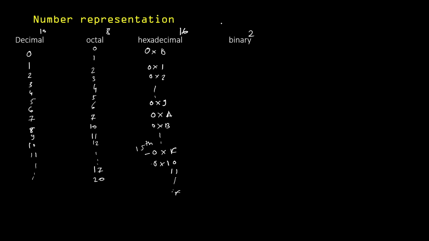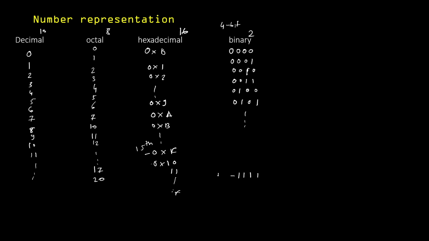Our next number representation is binary, which is of base 2. We are considering this for 4-bit numbers, so we are going to use only 4 bits. Our 0 will be 0000, 1 will be 0001, 2 will be 0010, then 0011, 0100, 0101, and so on until it reaches our 15th number, where all the bits become 1.